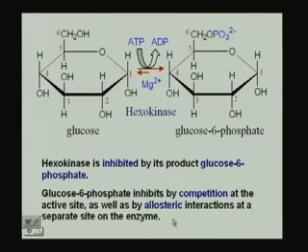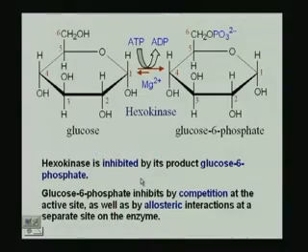What does that mean? It means that it will change the active site conformation to such an extent that it will not be able to bind the substrate glucose. And remember, I showed you a rough cartoon of hexokinase where it has an induced fit as soon as glucose comes into the picture, right? And then the ATP is positioned in such a manner that it forms glucose 6-phosphate.